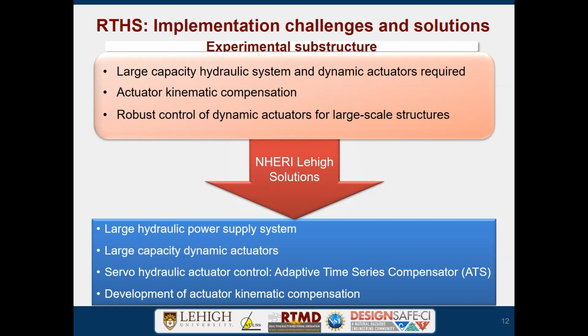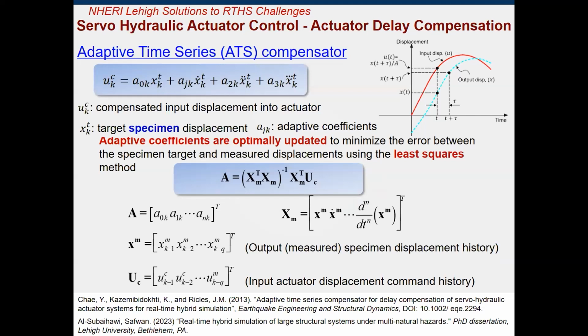So our solution to these challenges is a compensator we call the adaptive time series compensator. It's a really simple compensator. The principle is to minimize the error between the target and the measured displacements using the least squares method. The keyword is adaptive, because with different dynamic behavior and different displacement vibration responses, once you're using a hydraulic system, you may have different time delays.